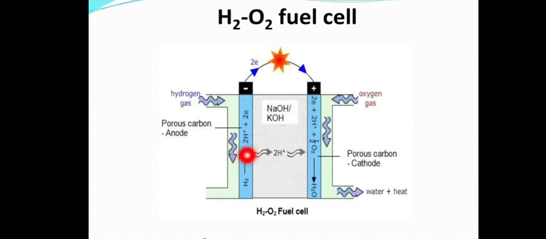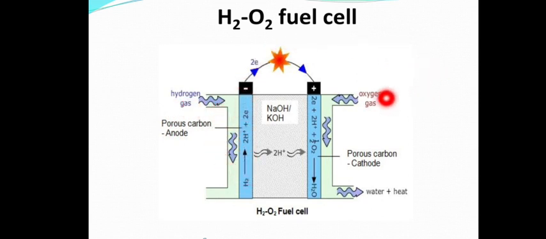So here what is happening? The oxidation is taking place. The same hydrogen ions are undergoing reduction, is it not? So here 2H plus ions are traveling and electrons are traveling here. Here you are passing oxygen gas and hydrogen gas. Hydrogen gas is undergoing oxidation.